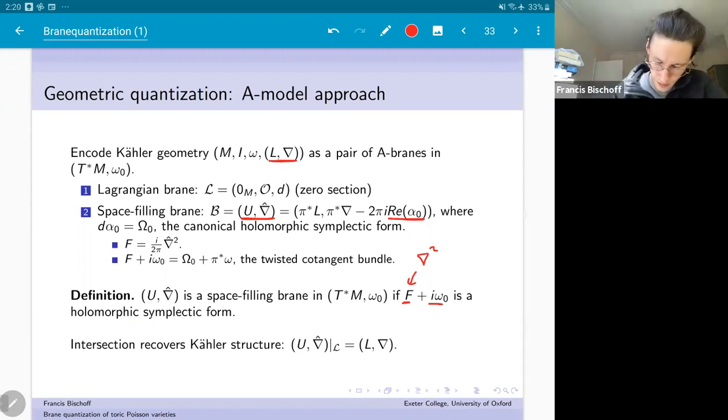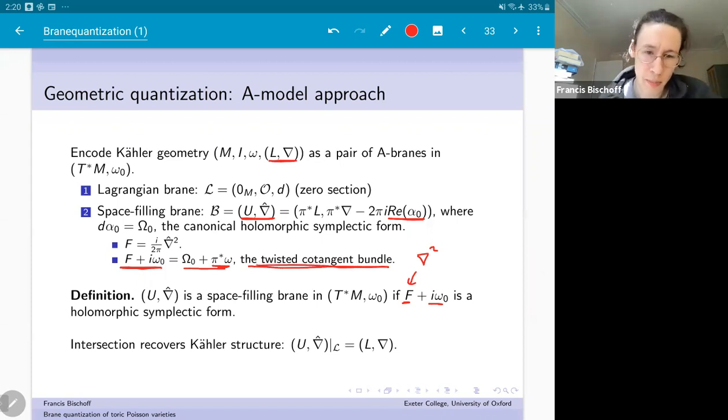So if we look at this case, F being the curvature of this connection nabla hat, then adding it to i times omega naught gives omega naught, the holomorphic symplectic form, plus the pullback of the Kähler form. So this gives the twisted cotangent bundle, which is a holomorphic symplectic manifold.